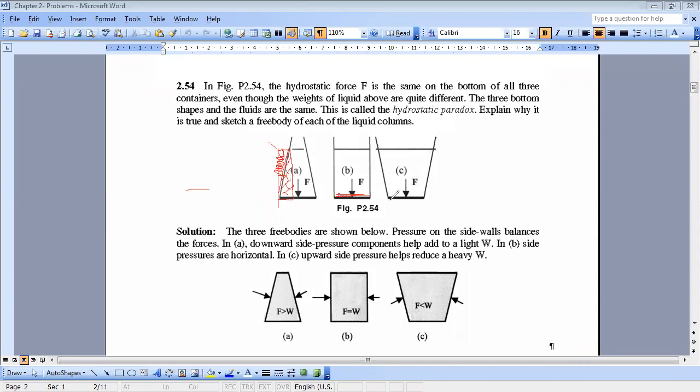Here, for example, for this container, no need to do the analysis of the missing part. You know why? Because here the surface is below the fluid. So here, if you want to do the analysis, this is an inclined surface. We have seen together that the vertical force on an inclined surface is due to the weight of fluid above it. So here you can easily say that the action of the water on the surface will be like this, and that will be divided into horizontal and vertical components, while the surface action on the fluid will be upward.